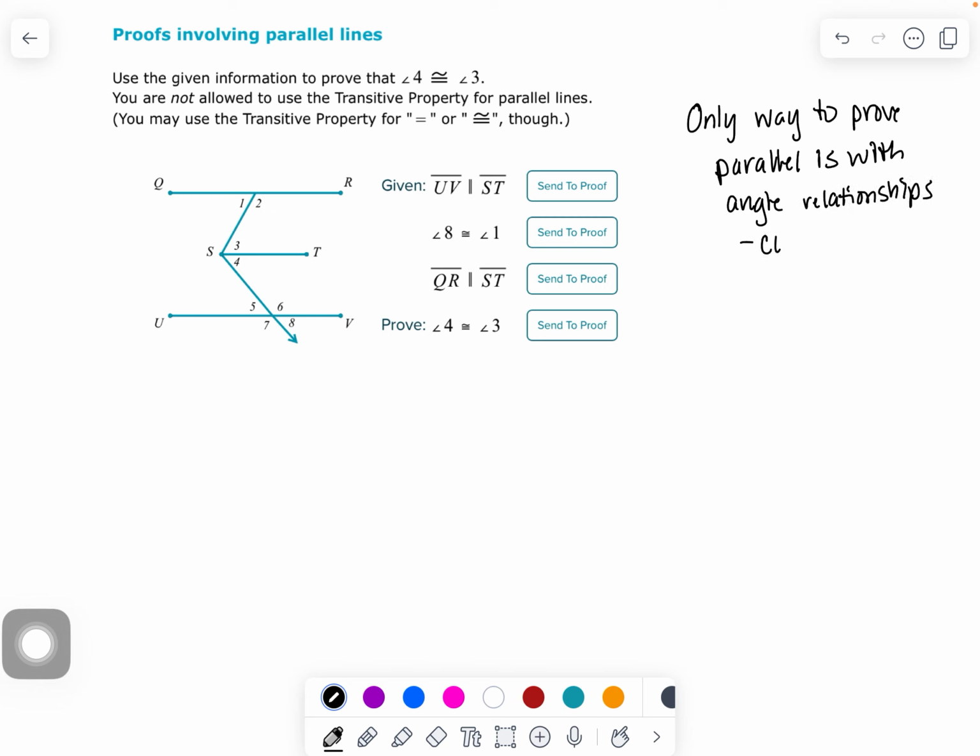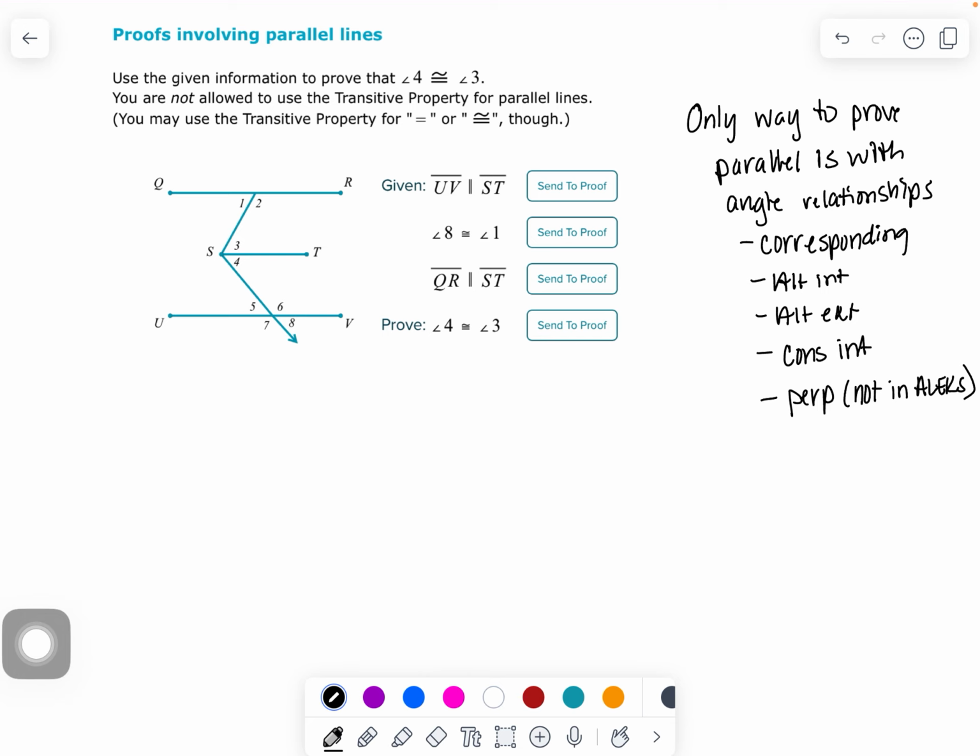You know, corresponding, alternate interior, alternate exterior, consecutive interior. There we go, like those. Or the perpendiculars, which we don't do in ALEKS. These ones are not in ALEKS.